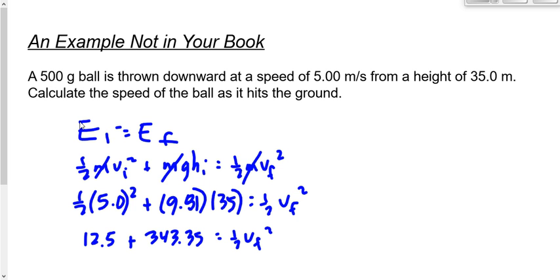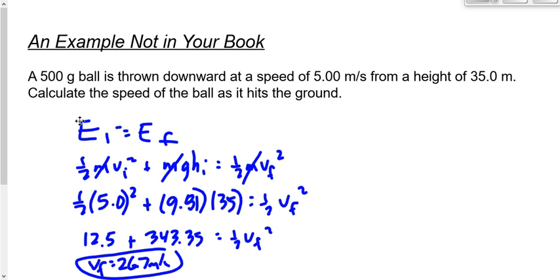Now let's add those two numbers together. And then let's multiply it by 2, or divide by half. And then let's square root it. And we end up getting 26.7. So how fast is this ball moving when it reaches the bottom? 26.7 meters per second. Right?